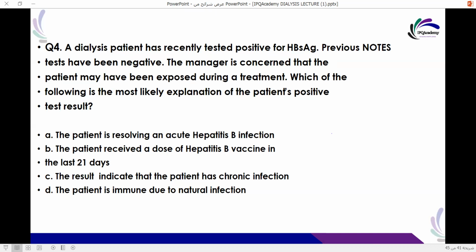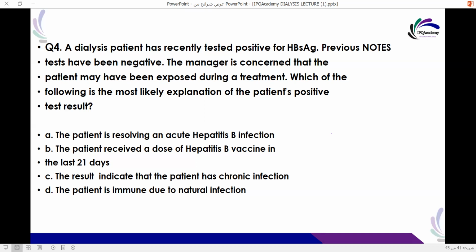Why? Because if you do the hepatitis B antigen test within 7 to 30 days of the vaccination, in this time period it will give you a positive result. This does not indicate infection, but this is from the vaccine itself. And this confirms our answer because the patient previously was negative.